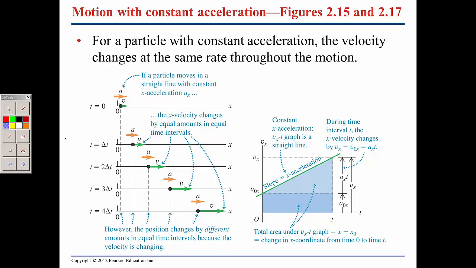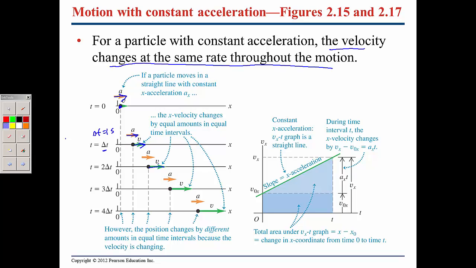Motion with a constant acceleration is a lot simpler, because we can write the velocity. It's going to change at the same rate throughout the period of the motion. For example, if you consider an object that starts from rest and accelerates, perhaps your car from the stoplight, then for every increment of delta t, we can even say that delta t is maybe a second or so, the velocity is going to increase by the same amount as the acceleration.